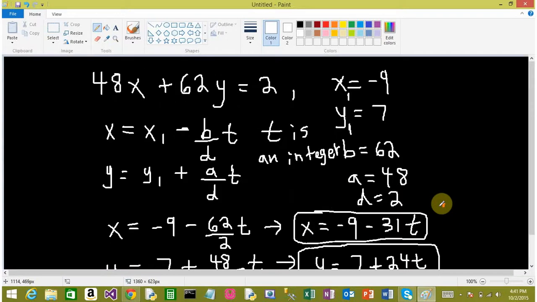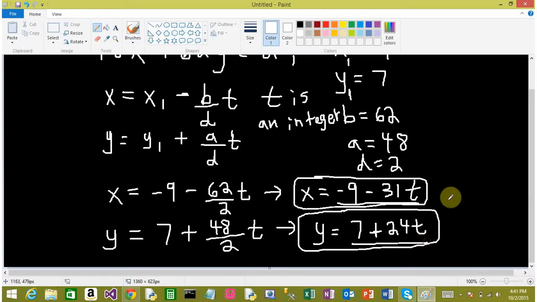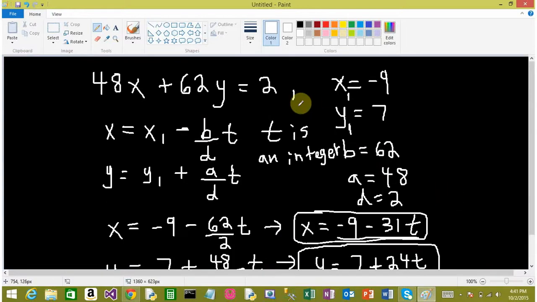And the way you can check that is to take this 48, multiply it by x, take this 62, multiply by that y right there, add those together and see if you get 2. And we can actually do that here. So let's see, 48 times (-9 minus 31t).